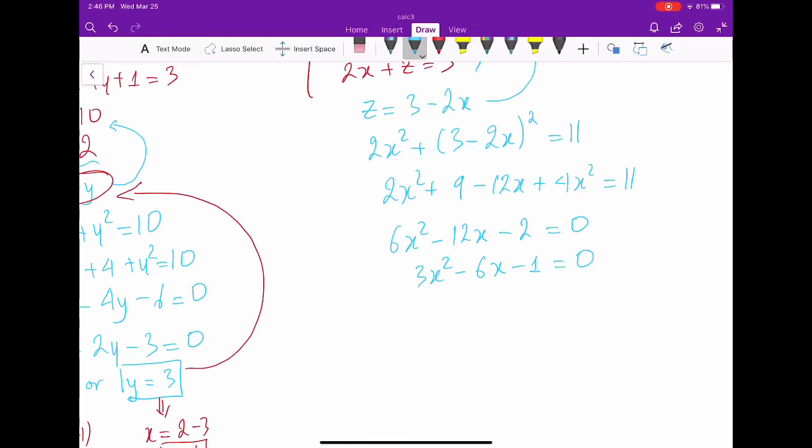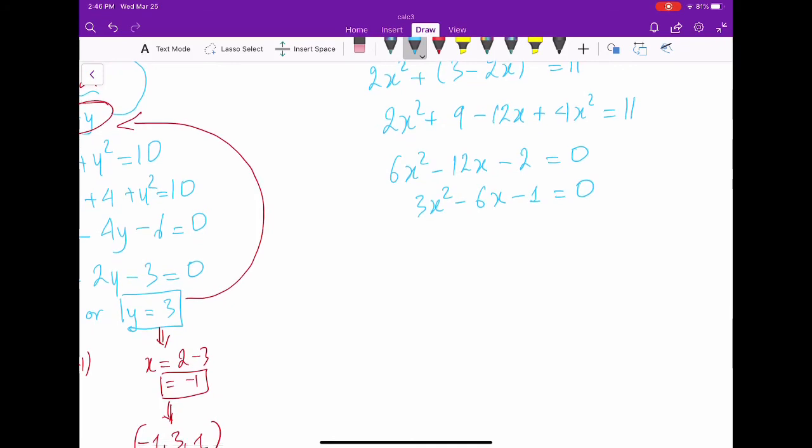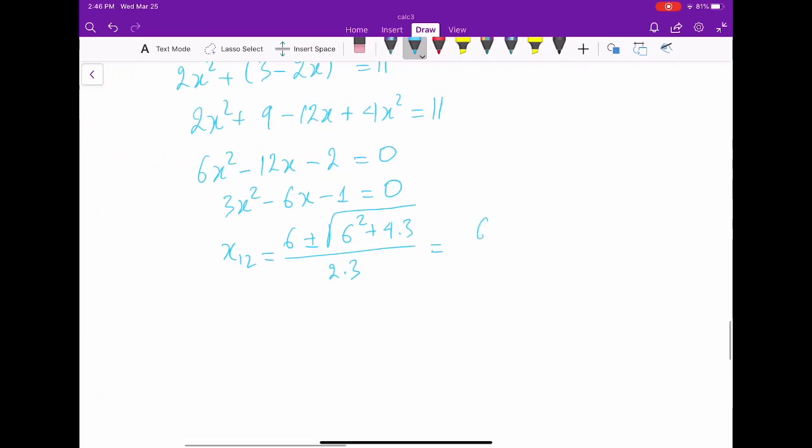Again, we need to use the quadratic formula. So we have x1,2 equal to 6 plus minus square root of 6 squared plus 4 times 3, over 2 times 3. Okay, so what is that? That is 6 plus minus square root of 36 plus 12 over 6.